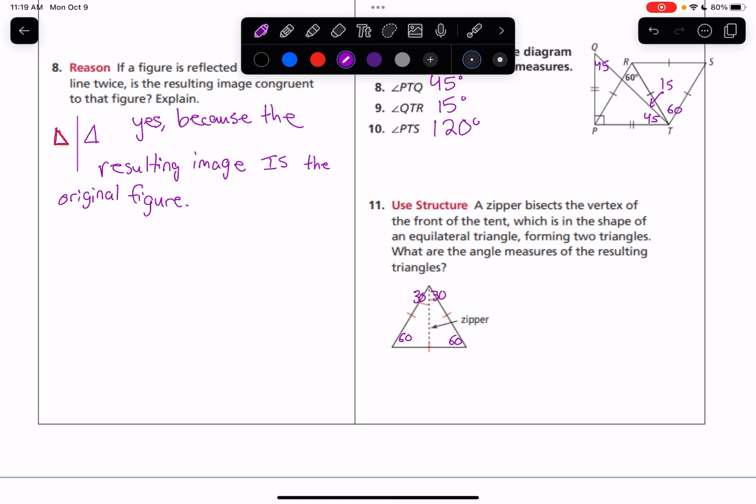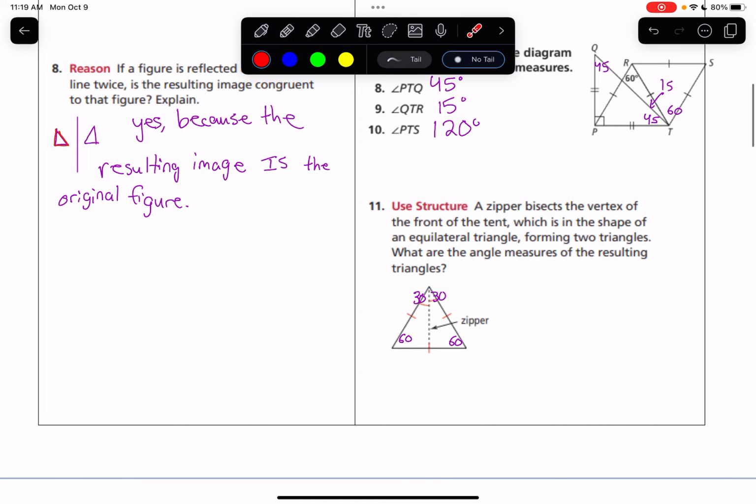And then since we're using a bisector of a triangle which is isosceles, since it's equilateral, it's also isosceles, then this bisector becomes the perpendicular bisector of the opposite side, which means that these angles down here are 90 degrees because that is perpendicular. So two triangles with measures of 30, 60, and 90 degrees. That's going to become a lot more important later on this year.